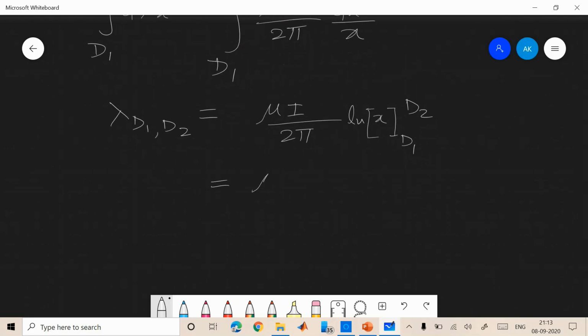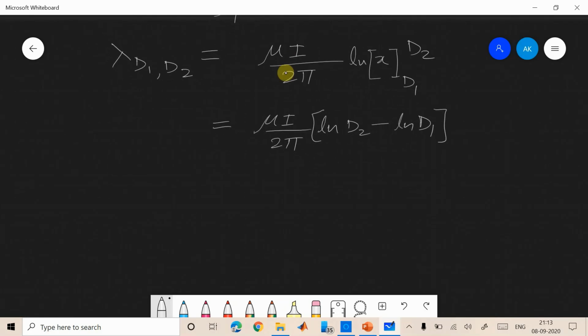So further we can write like this: mu I over 2 pi, ln D2 minus ln D1, or mu I over 2 pi ln D2 by D1.